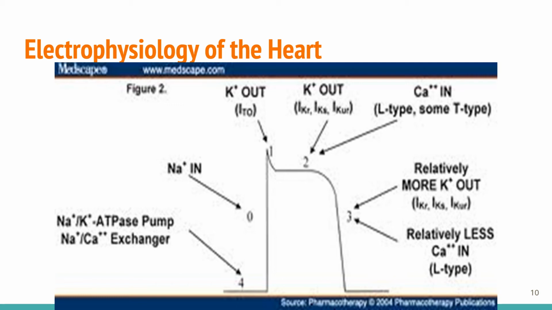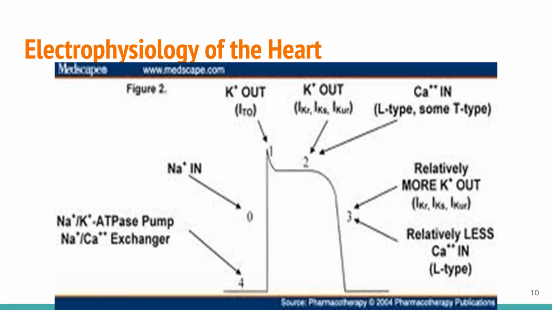Okay, then you have phase 1, and that is your early repolarization. So you've had the spike there. The closure of the fast sodium channels is happening, and you're starting to repolarize.